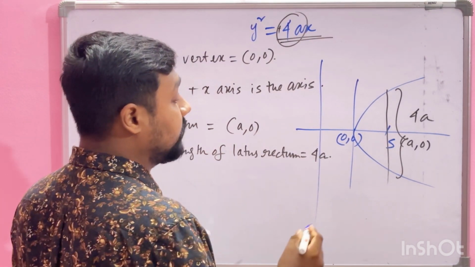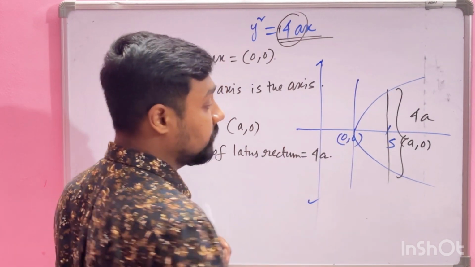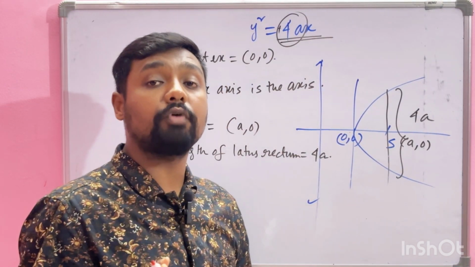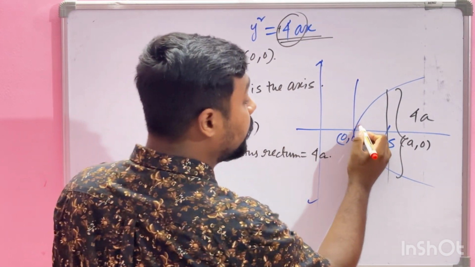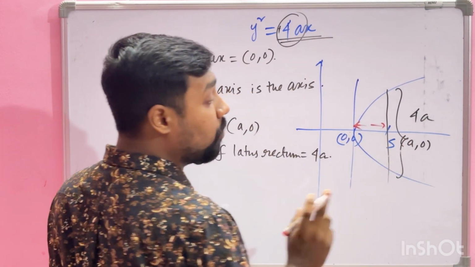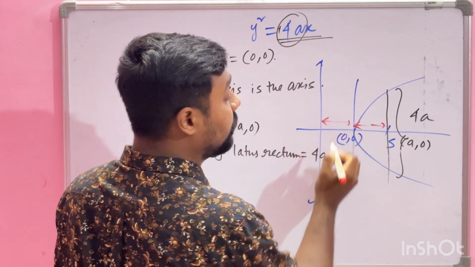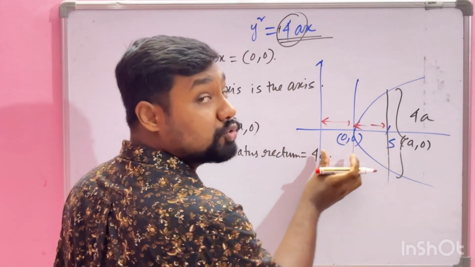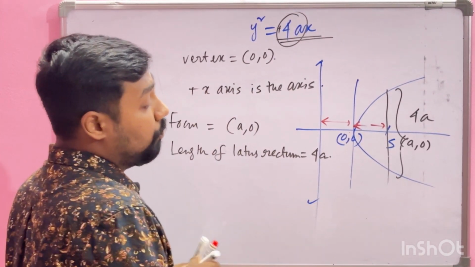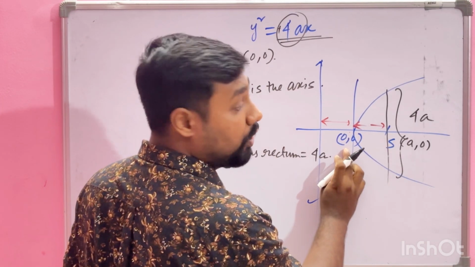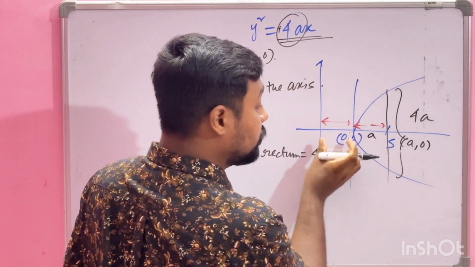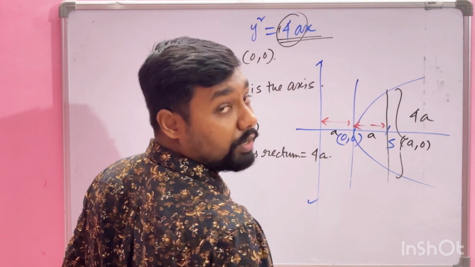Now let's find the equation of directrix. See, always remember one point, that the distance of vertex from focus is equal to the distance of directrix from the vertex. So these two will be equal. Now what is the distance of focus from origin? That is a. So this length will also be equal to a.